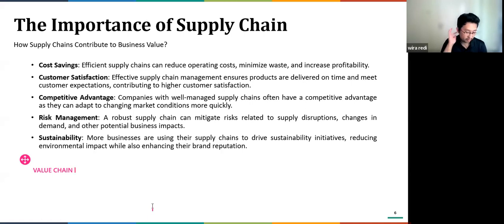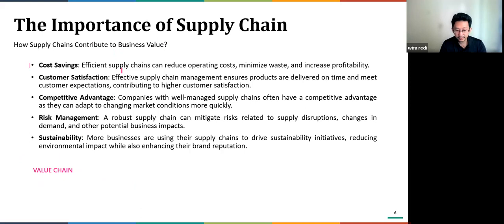There are several important factors and important divisions that can help you to improve your value chain. One of the approaches is to have a better supply chain. So supply chain can help you have a better business value, which can be represented in the value chain of your business.